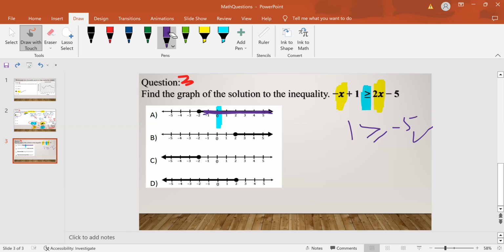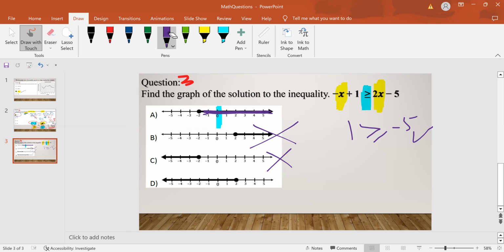Because we say 1 is greater than or equal to negative 5, when we use 0, we say probably A is the correct answer, which means probably 0 is one of the solutions for the inequality. And because B doesn't have that 0 on the borderline, we eliminate B and C. So we are using the method of elimination.